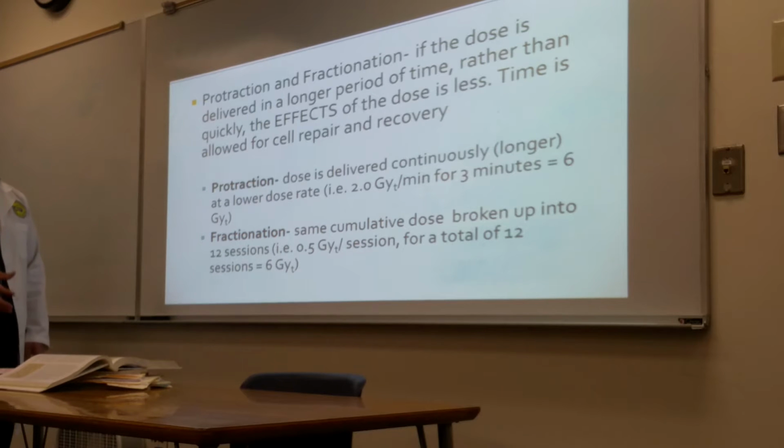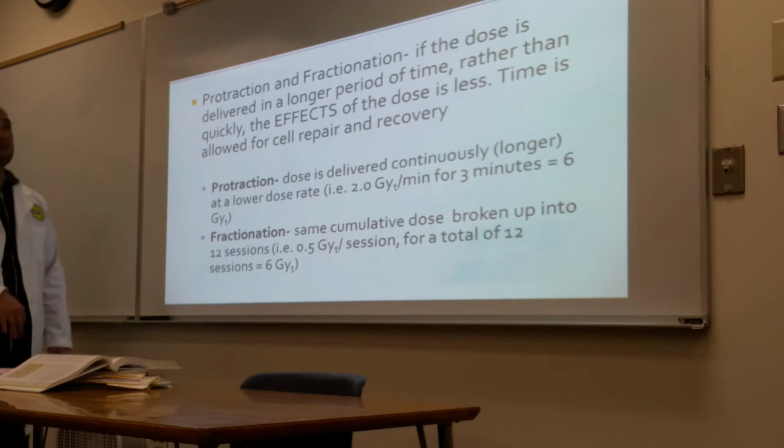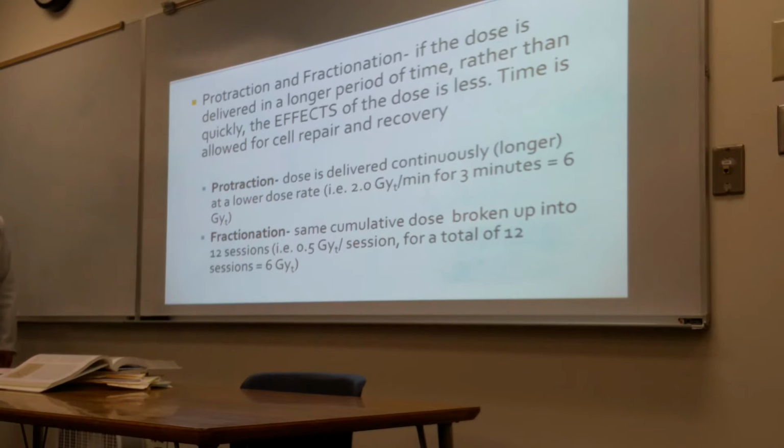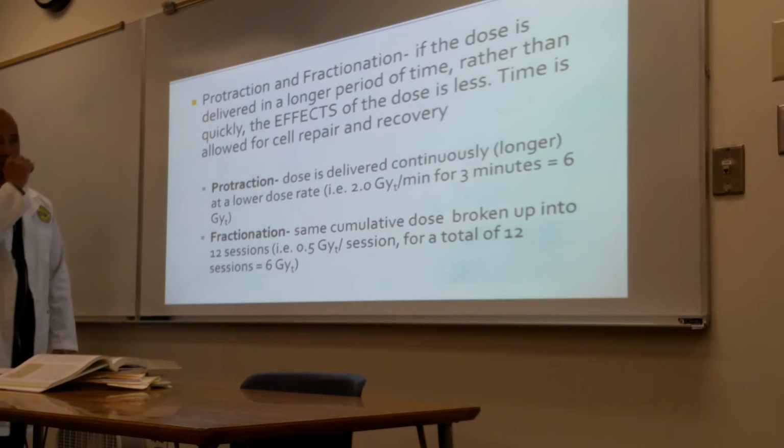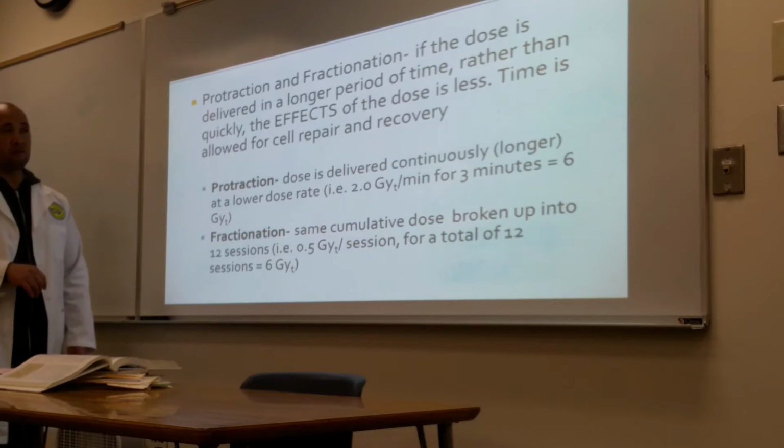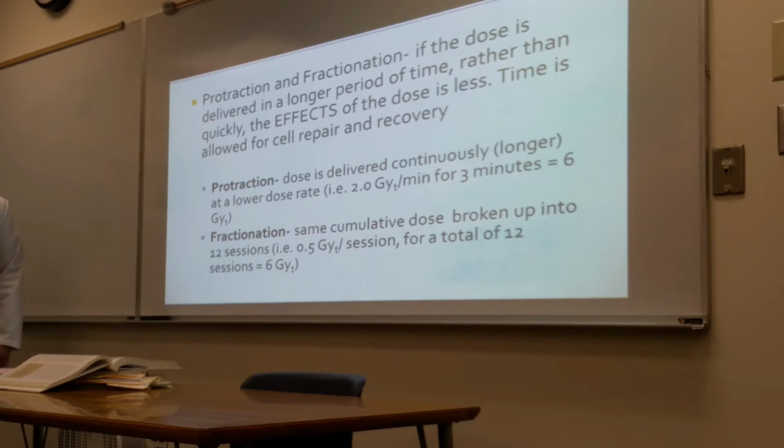So the cumulative dose is delivered continuously, longer, at a lower dose rate. The example that I have here is 2 grays per minute for 3 minutes, okay, equals 6 grays. That's protraction, okay?